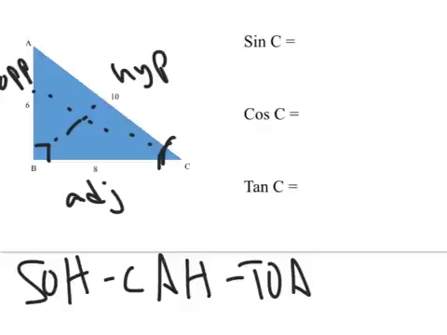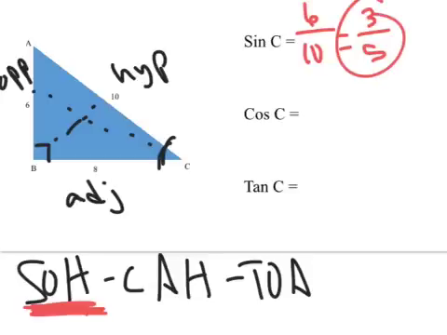And we want to start with sine of C. So the sine ratio is opposite, which in this case is 6, over the hypotenuse length, which is 10. That will reduce, 2 into both. So sine of C is 3/5. Cosine, we have adjacent over the hypotenuse.